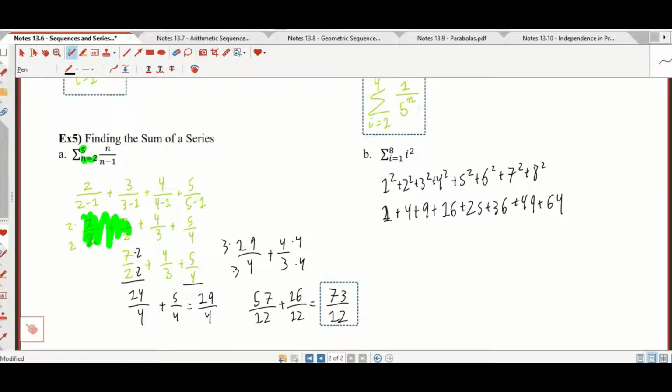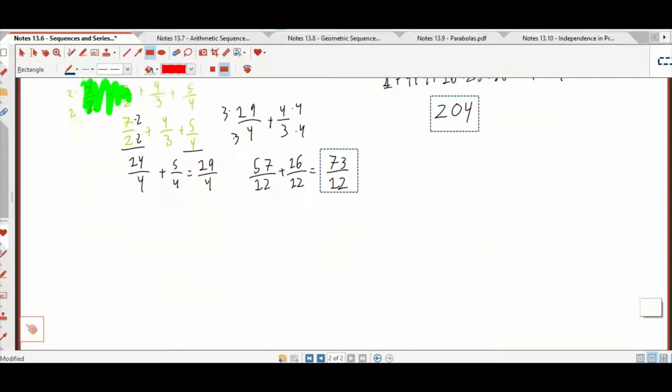I'm just going to grab my calculator. 1 plus 4 plus 9 plus 16 plus 25 plus 36 plus 49 plus 64 is 204. Now you know what the first 8 perfect squares add up to: 204.